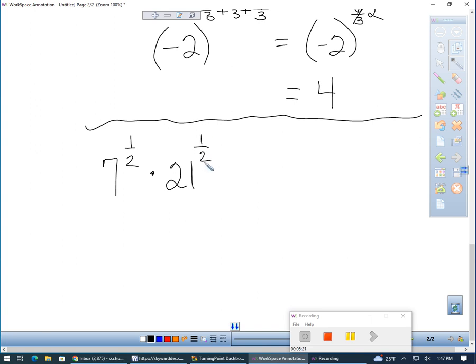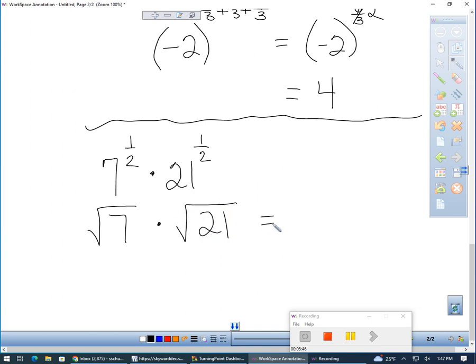Those don't have the same base, so I can't use exponent rules. Now I have to look to using my rational exponent for what it is. 7 to the 1/2 is actually the square root of 7 times 21 to the 1/2, which is the square root of 21.